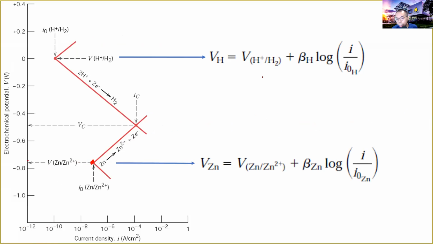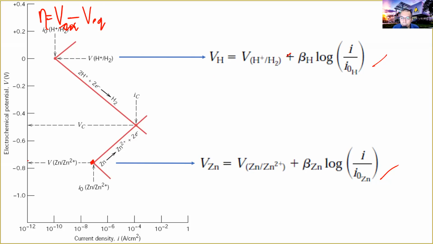So we have now equations for both hydrogen and zinc. Nanggaling lang yan sa overpotential, since we know that overpotential is equal to your voltage minus the voltage at equilibrium. So linipat lang natin to the other side. We have this one.